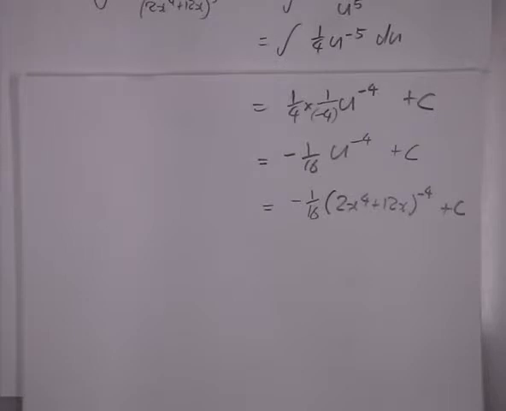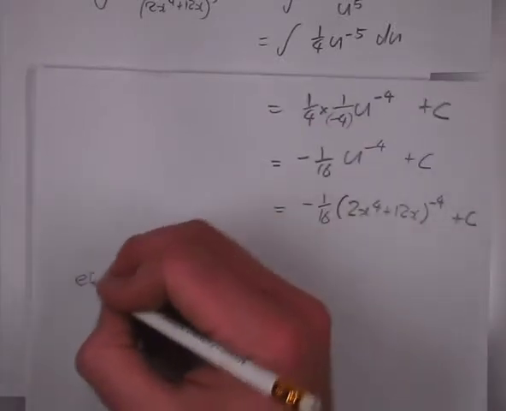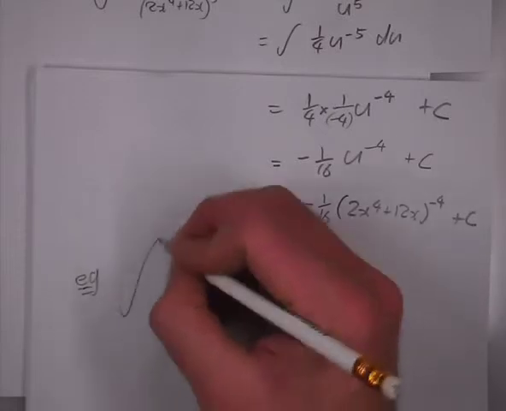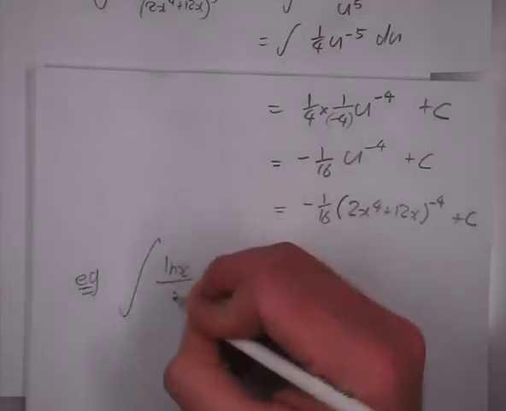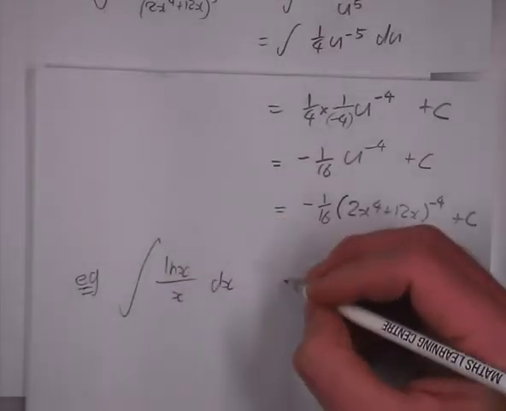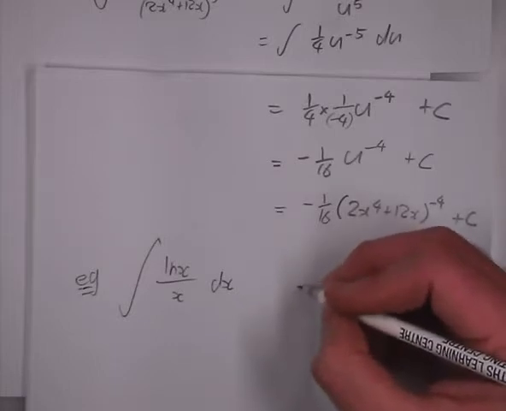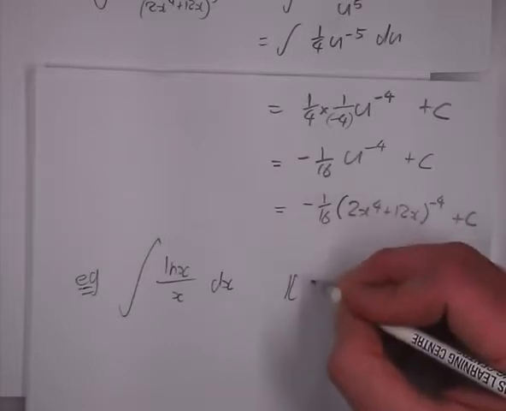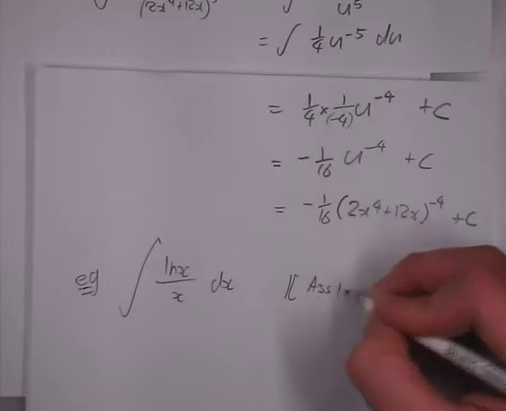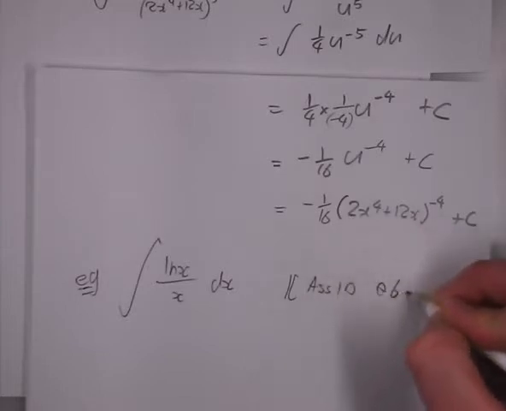Cleverer in the sense of they are things that, you know, there's always other techniques that you haven't heard of before. I'm going to do one more. So this was assignment 10, question 6A as well.